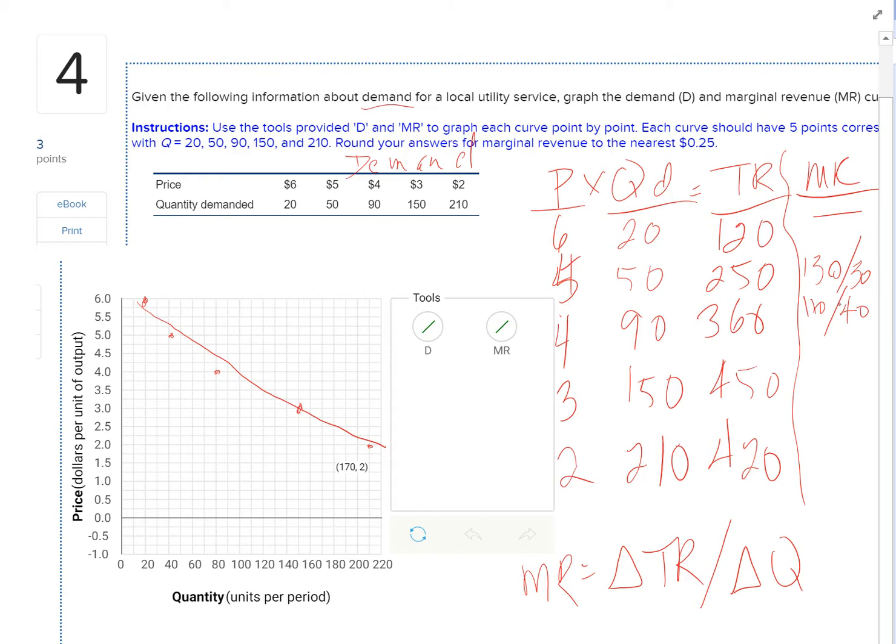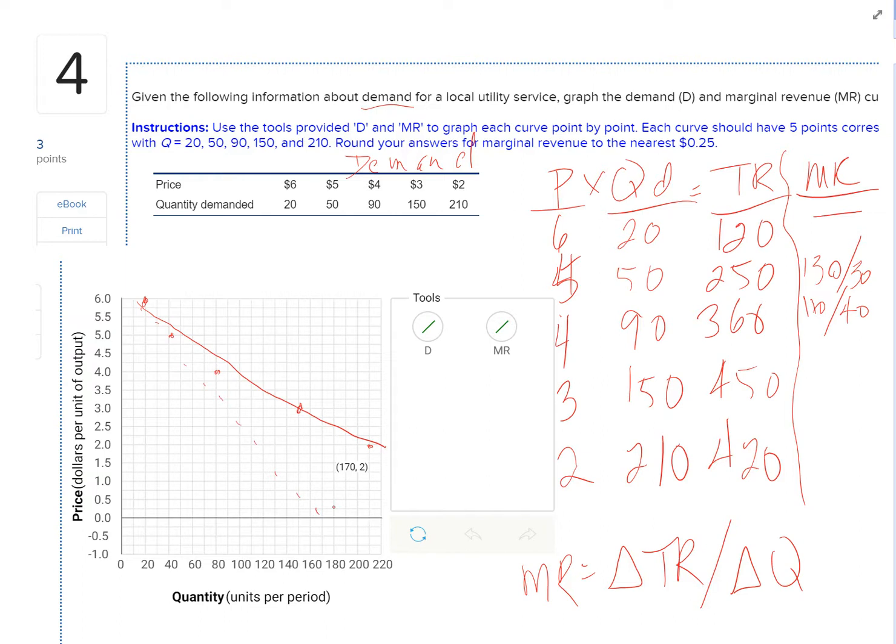So you're going to get some specific values here, and you're going to put that curve on the graph, and it's going to be less than. And in the reading and in the PowerPoint, there's a discussion of why marginal revenue is less than price or the demand curve for the monopolist.